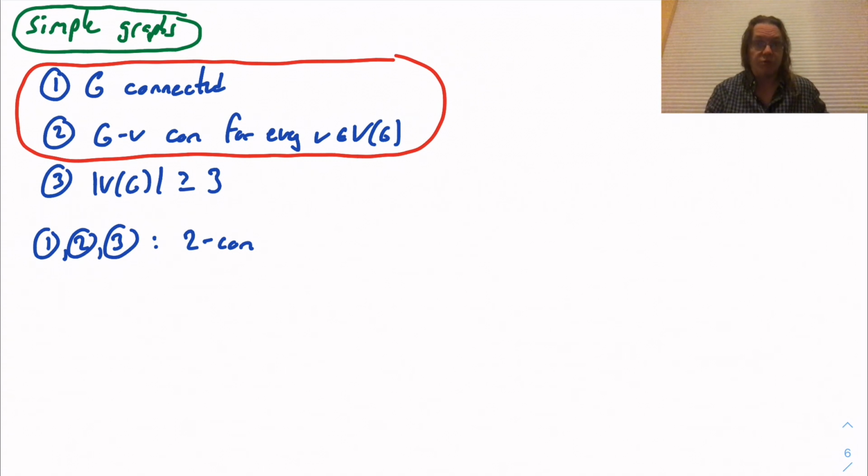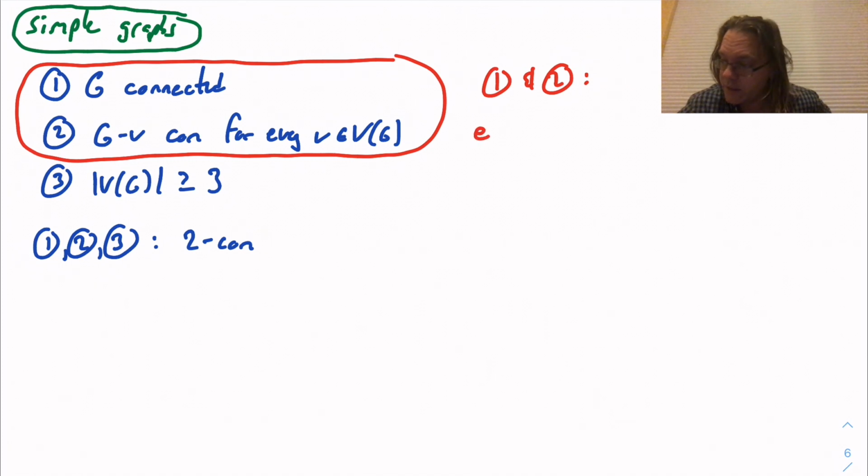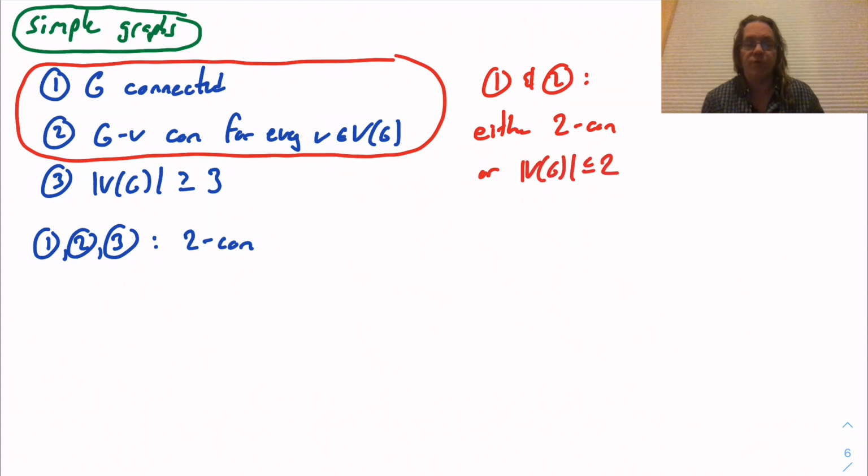So dropping that assumption, what does it mean? It means that either I'm staring at a two connected graph, or I have at most two vertices. So if you satisfy 1 and 2, this means that either you're two connected, or you have at most two vertices.